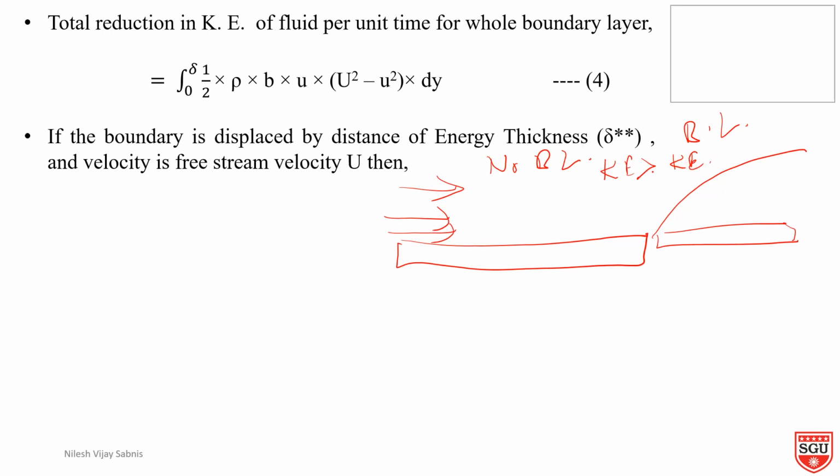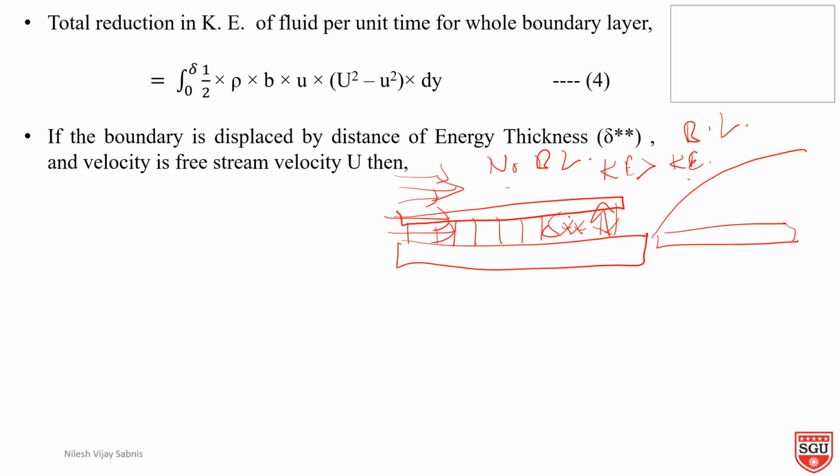To make it equal, we have to shift this plate. So we have shifted this plate by a distance delta double star. Now the fluid will not flow from this region, and fluid flow will be from this region only, and due to that the kinetic energy in this case and in this case will be the same.